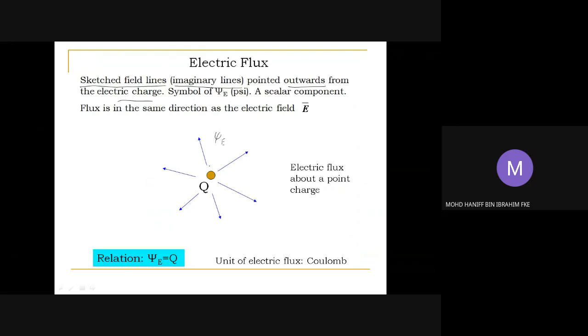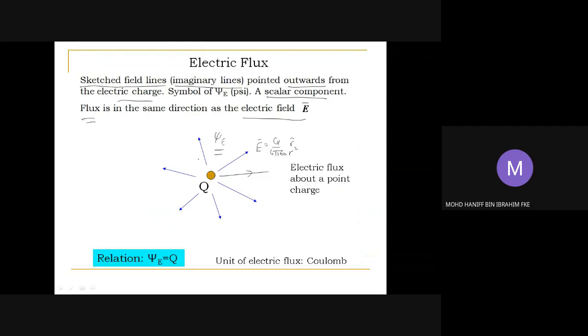So we have a flux line which has a symbol of psi of E. The psi of E, or the flux, basically is a scalar component. And one thing to be remembered is that the flux line must have the same direction as the electric field intensity E. In this particular case, since we have the charge Q, a positive charge, we know that the E field should be in this direction, from the equation of E, which is Q over 4 pi epsilon naught R squared, in the direction of the vector R, which is positive, so it must point outward, away from the charge.